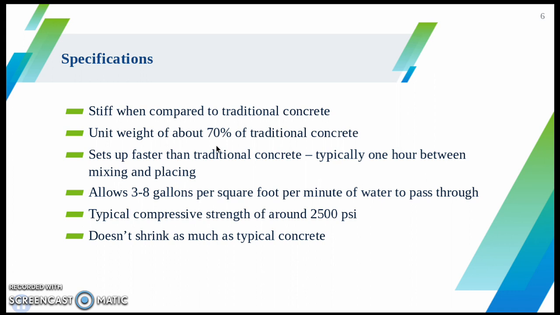Pervious pavement allows somewhere between 3 and 8 gallons of water per square foot per minute to pass through. The typical compressive strength of pervious pavement is around 2,500 psi, and it doesn't shrink as much as typical concrete.